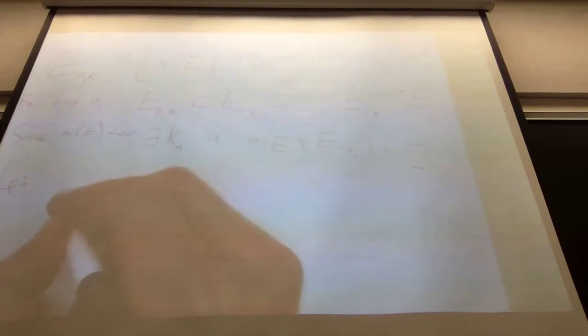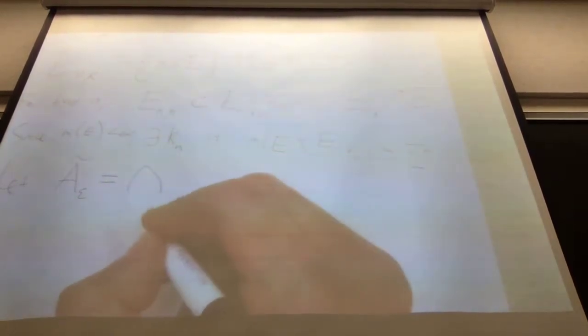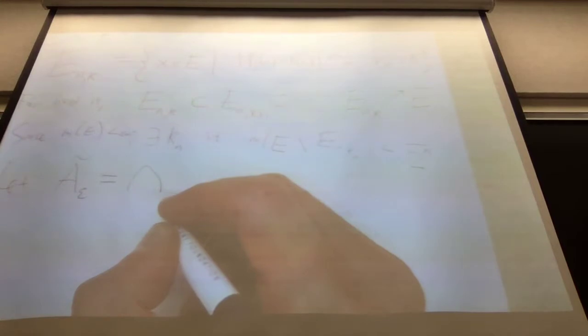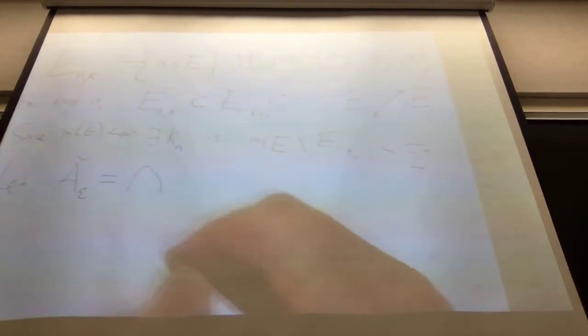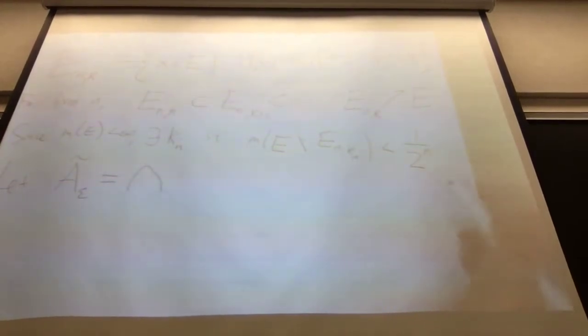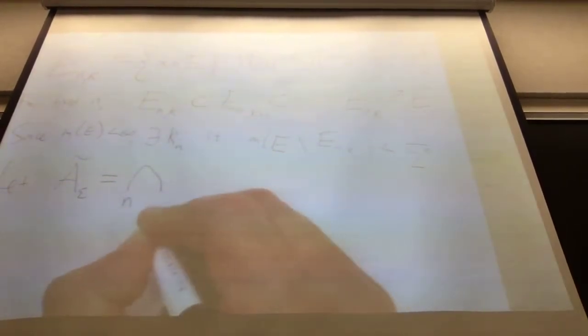We're going to need something that works for all n. So I'll call this A epsilon twiddle, because it's not yet necessarily closed. Let this be the intersection over all n. Let me think for a second. I'll tell you what capital N is in a second.